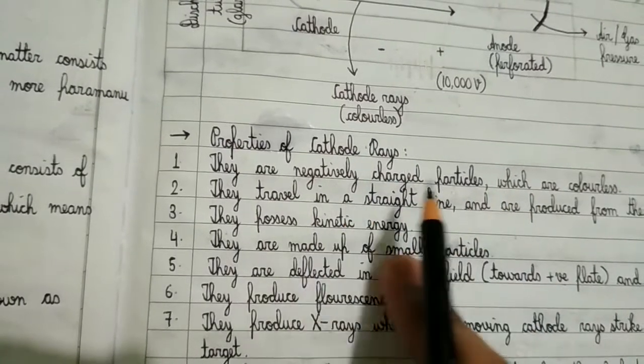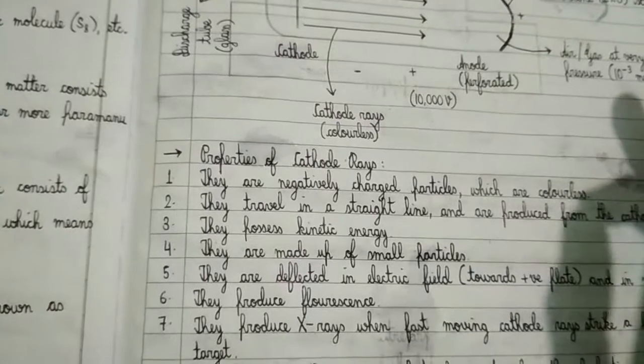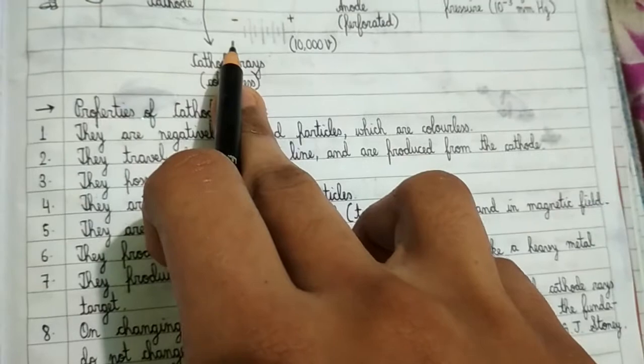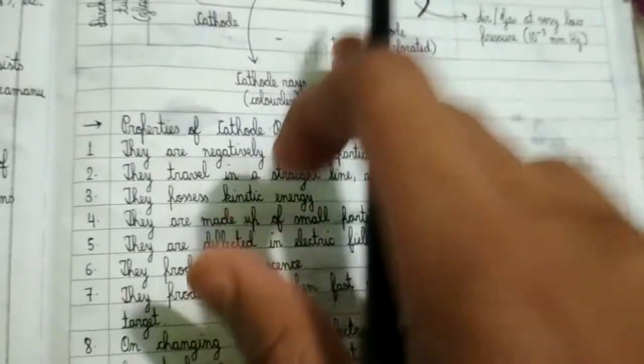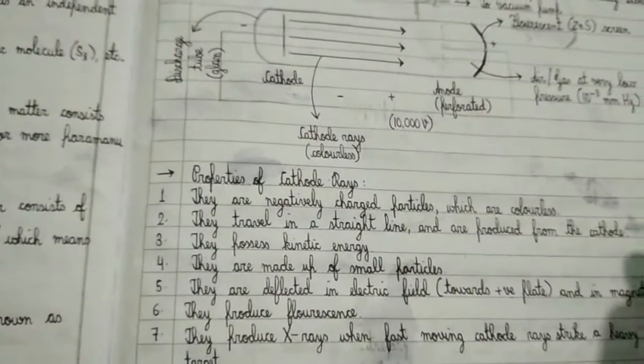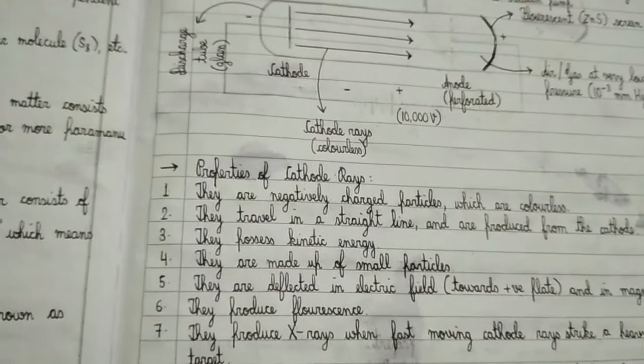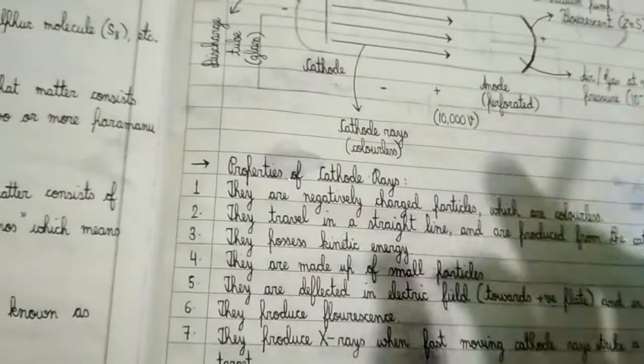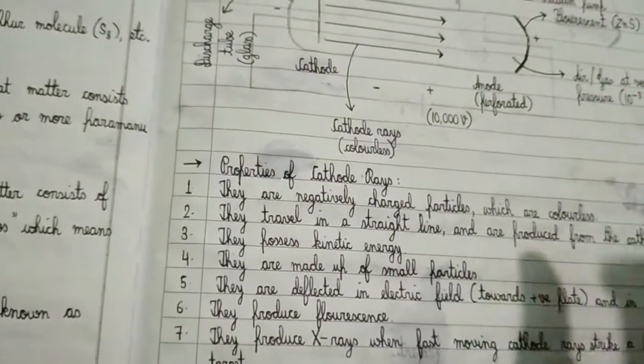They are small because we cannot see them; that is why they are colorless in nature. And they are made up of particles because only particles can have kinetic energy. Kinetic energy is equal to half mv squared, so here is the term of mass, and mass is a property of particles. So that means these cathode rays definitely consist of particles.